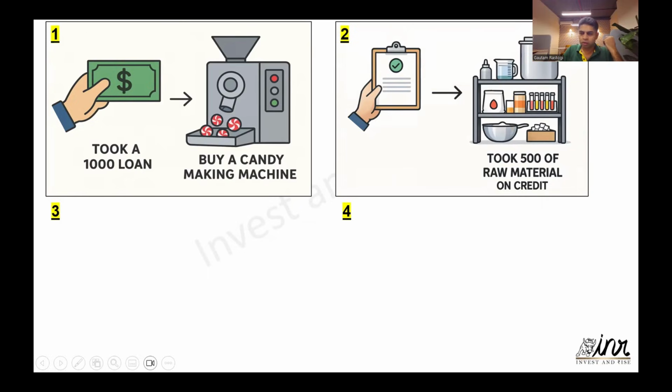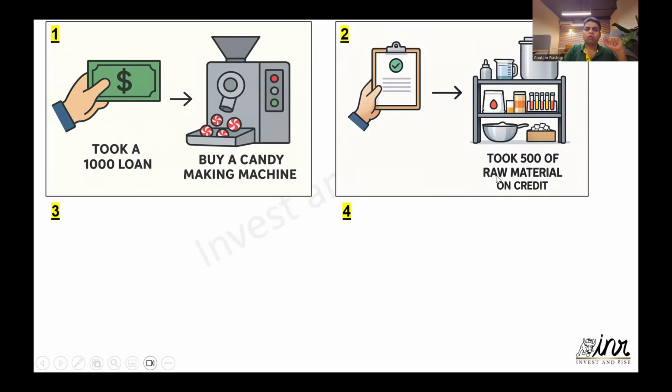Let's say your friend is a supplier and makes sugar syrup, all the raw materials that you need to make candy. You take 500 rupees worth of raw material from that supplier friend on credit.